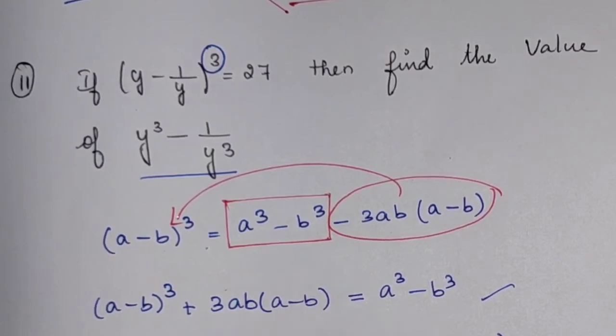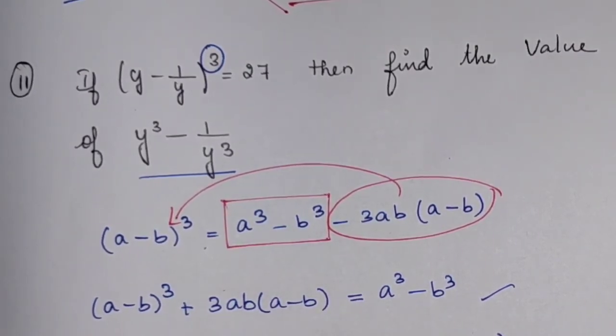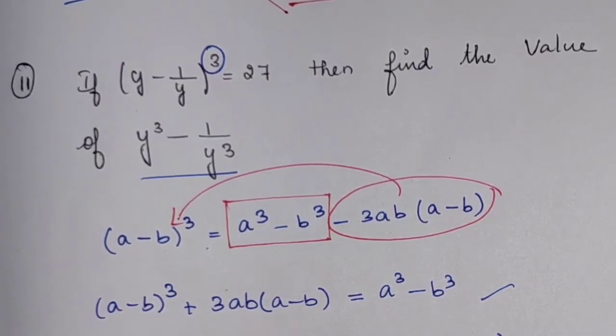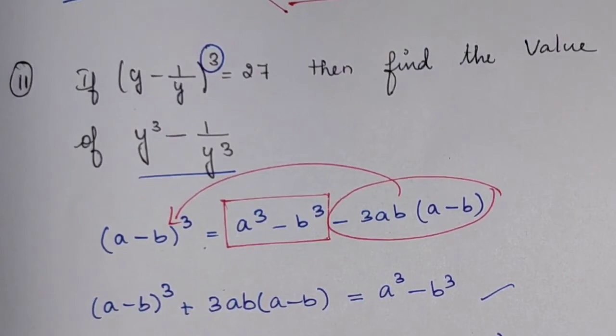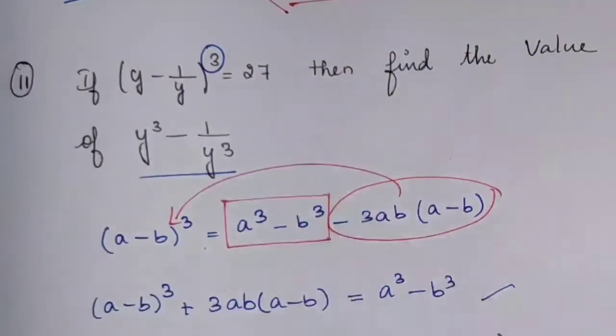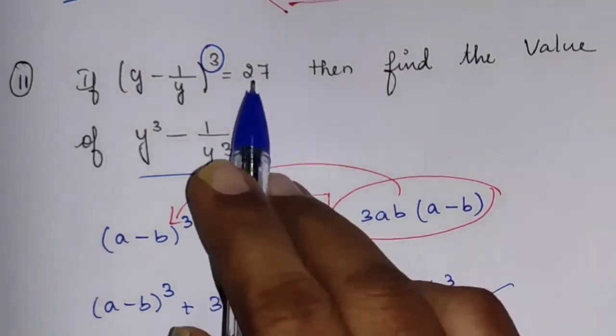Here it is y cube minus 1 by y cube is equal to a minus b the whole cube, right? So here the cube will come. Therefore y cube minus 1 by y cube is equal to y minus 1 by y the whole cube, which is 27. So I am replacing this y minus 1 by y the whole cube as 27.